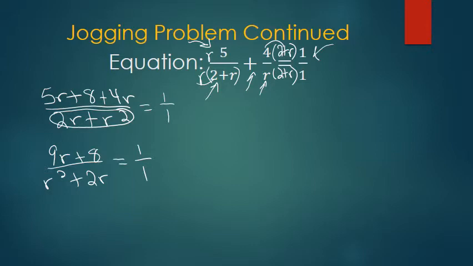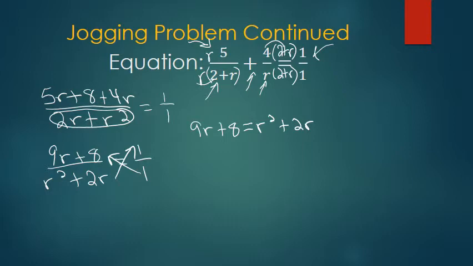Now I have two rational expressions, one on each side of the equal sign. So I need to go ahead and cross multiply. So I get 9r plus 8 equals r squared plus 2r. Notice I have a quadratic because of that squared term.